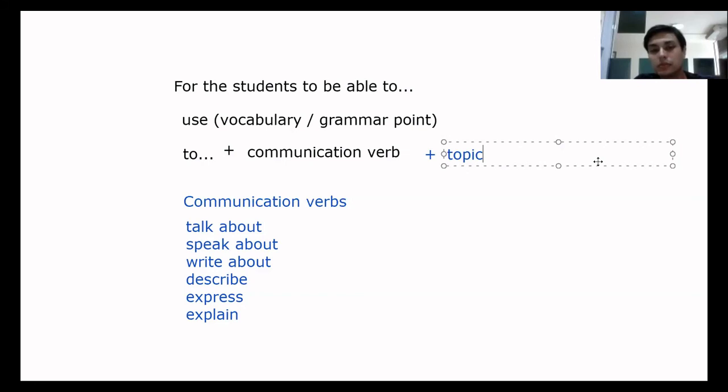And it's up to the teacher to choose a topic, whatever they think is most appropriate. Absolutely, yes. We're going to talk about that later, but yes, you're quite free to choose your own topics for the lessons. Very good.